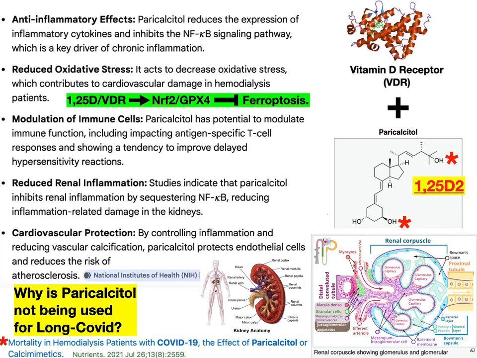Arterial blood is brought into the glomerulus, where it is filtered through cell layers, including a membrane which connects the endothelium to internal components of the glomerulus. And then blood is taken out of the glomerulus.